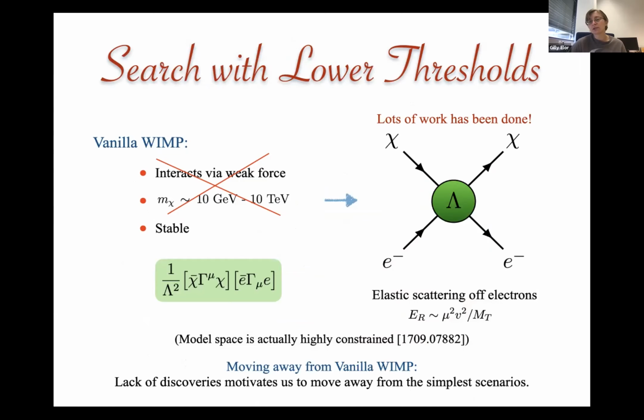The way this helps is if you imagine dark matter scattering off electrons, the recoil energy is inversely proportional to the mass of the target material, so you can access much lower recoil energy. The parameter space is quite constrained, coming from CMB and other bounds. Nevertheless, there are a lot of searches for this, which can arise from a higher dimensional operator of this form.